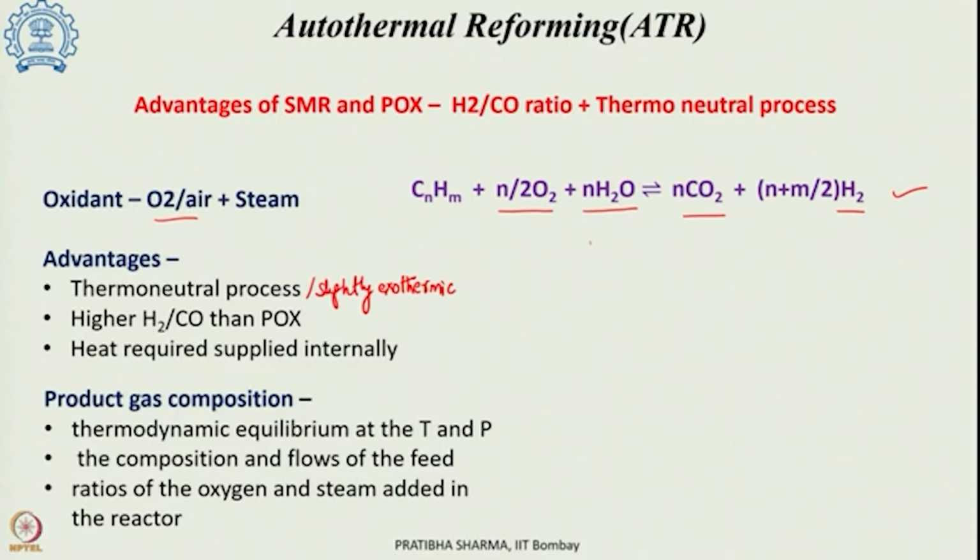Now if we quickly have a look at the thermodynamic equilibrium compositions, we can see that the compositions may vary based on the temperature. Roughly making that scale here, this is temperature in degree centigrade, and we have the moles.